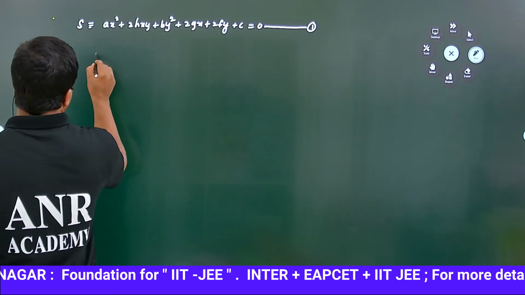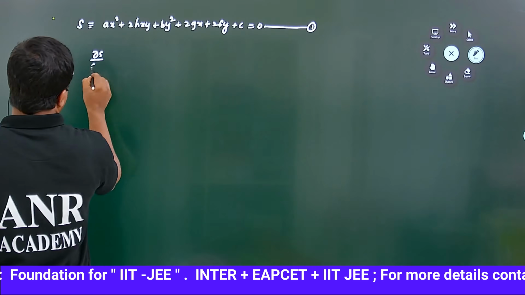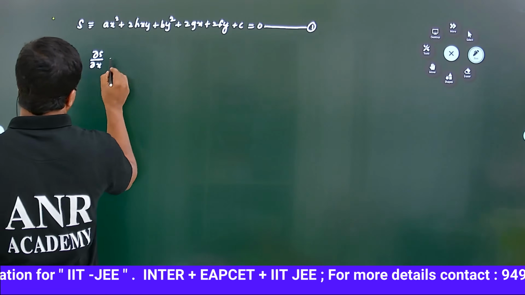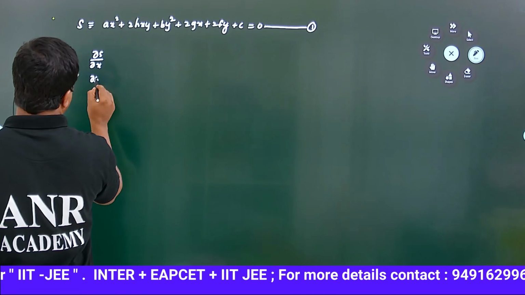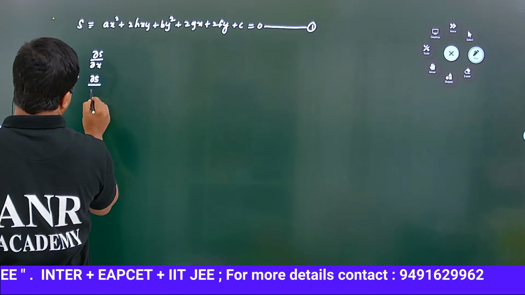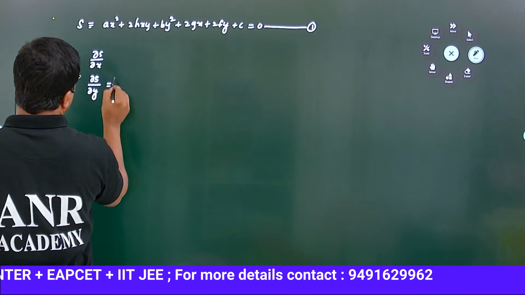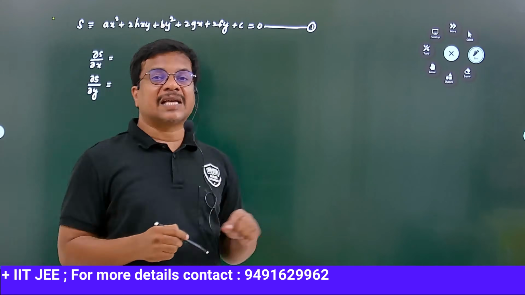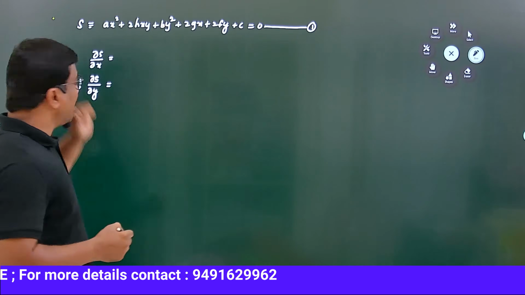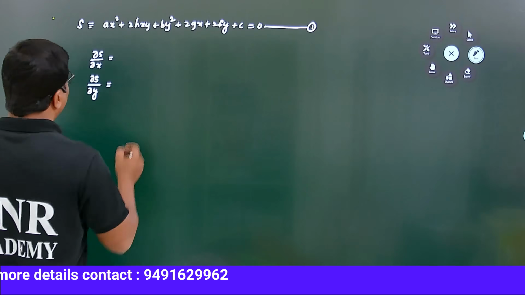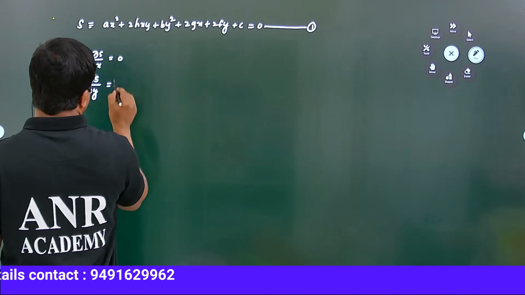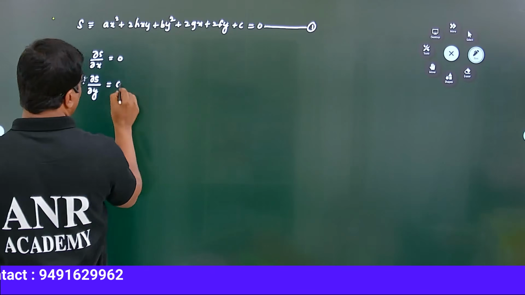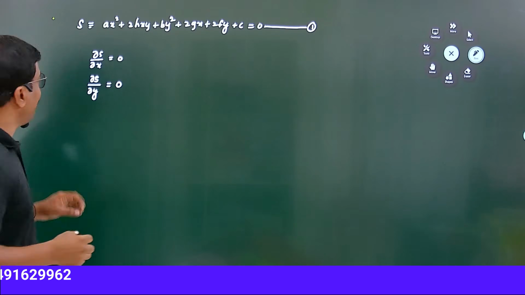And applying ∂S/∂x and ∂S/∂y, there exists a linear equation in x, y for both ∂S/∂x and ∂S/∂y. Put ∂S/∂x = 0 and ∂S/∂y = 0.